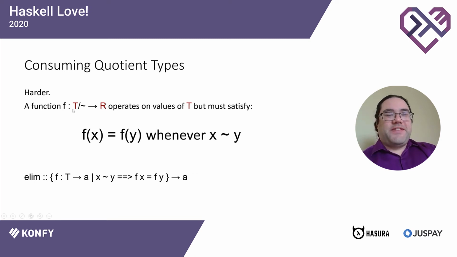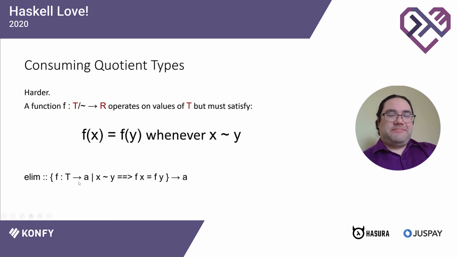So if we have a function f that takes T quotiented by this equivalence relation tilde and produces a value of type R, then this is a function defined on values of T, but it's required to satisfy the property that f of x equals f of y whenever x is related to y. And this equality is presumably some kind of behavioral equality.